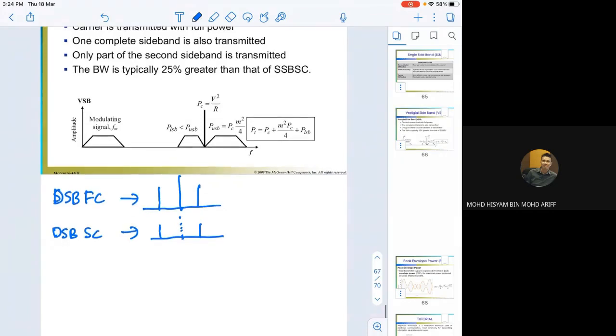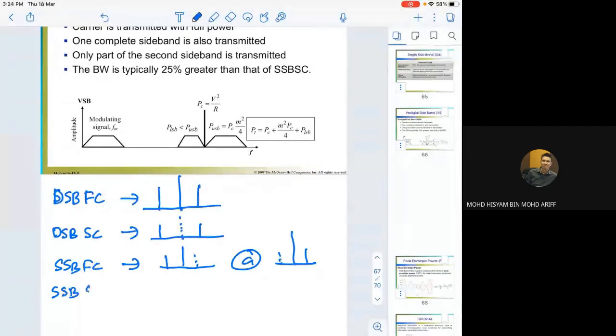And then single sideband full carrier means you include the carrier. Then you have single sideband suppressed carrier, which means no carrier, only this part.